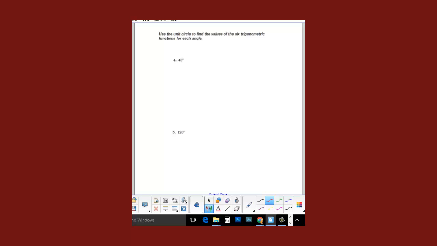For number 4, we need to find the 6 ratios that go with 45 degrees, which is the same as pi over 4. So this angle in standard position is in the first quadrant, and so we have sine of 45 or sine of pi over 4, cosine of 45 or pi over 4, tangent of pi over 4, and I usually just set up the trig ratios first before I actually put the numbers in from the triangles.